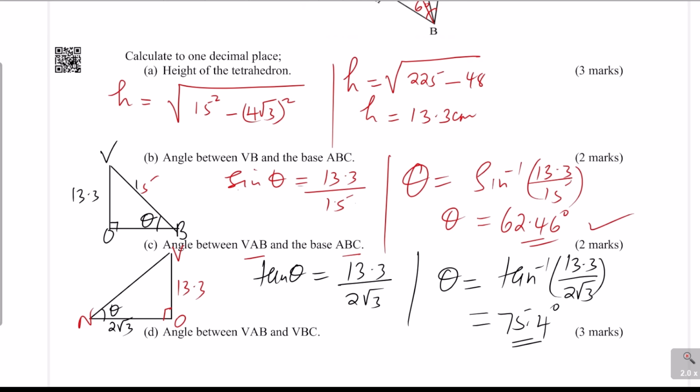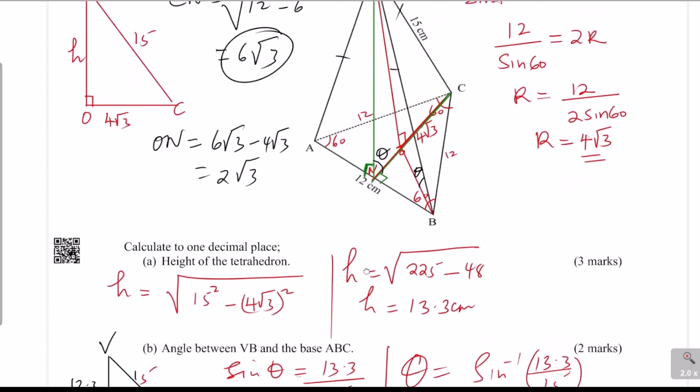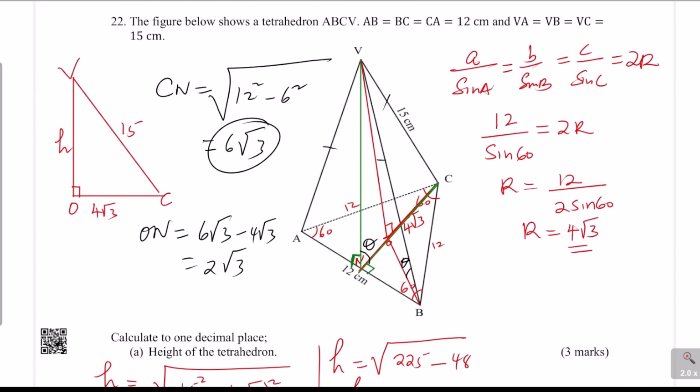The last question, the angle between VAB and VBC. So let us identify that. VAB and VBC. You can look at those two planes. I have to clear some things here so that you can see everything properly.